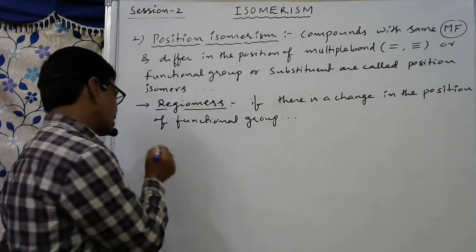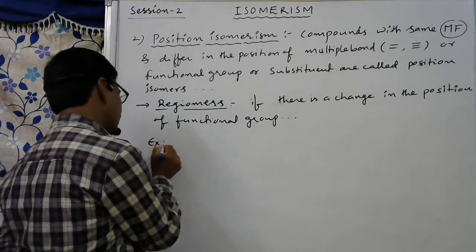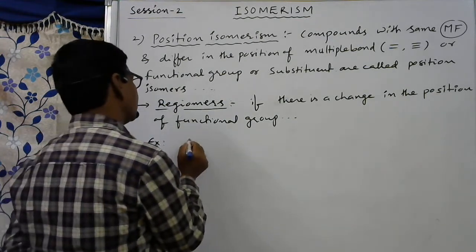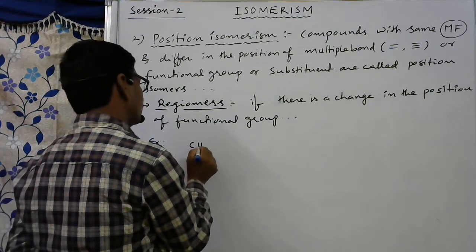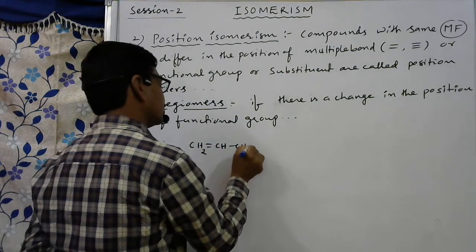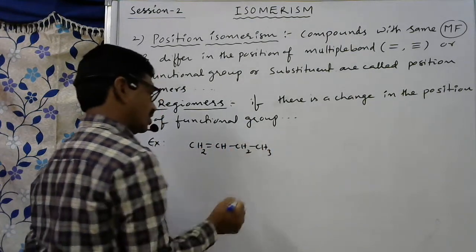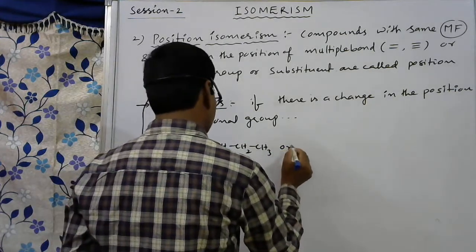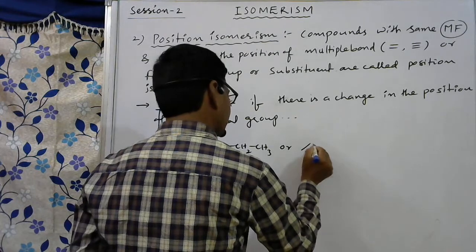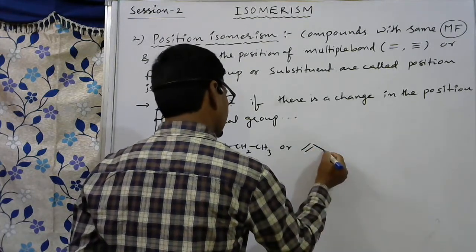See here, I'm giving one example of a position isomer, otherwise called a regioisomer. CH2 double bond CH, CH2, CH3. In a bond line diagram, we can write it like this: a double bond, then CH, then CH2.